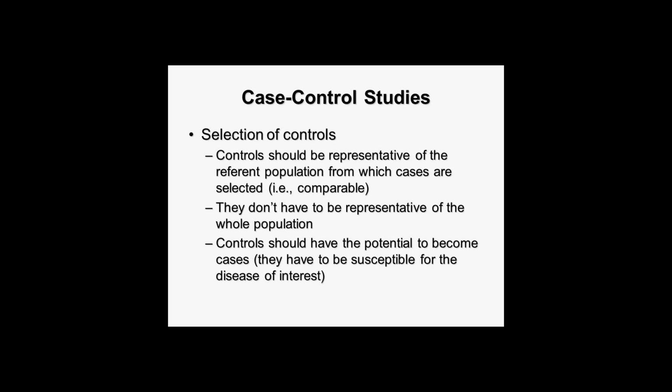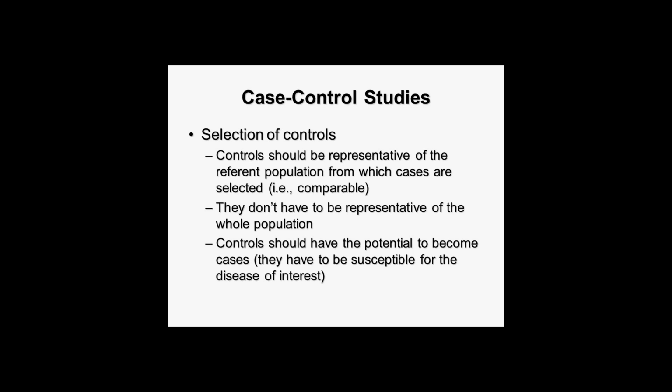First and foremost, the controls should be representative of the case population. In other words, they should be representative of the population from whence the cases came. They don't have to be representative of the general population, just representative of the population from where the cases arose. For example, going back to trauma, I told you that we have trauma from the 7 counties within Alabama.